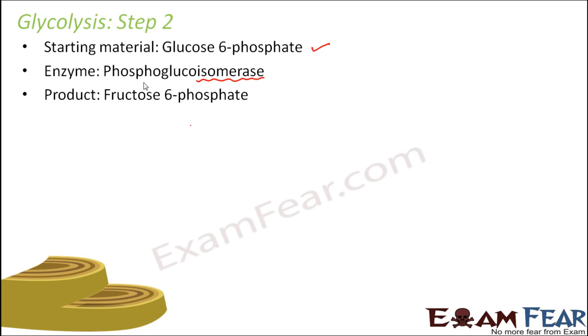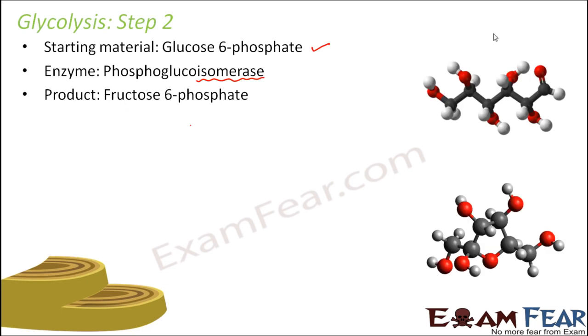Now if you compare the structure of glucose and fructose, this is glucose and this is fructose. If you look at both of them, both have 1, 2, 3, 4, 5, 6 carbon atoms. So here also it has 1, 2, 3, 4, 5, 6. Again, the number of hydrogen atoms as well as oxygen atoms are also the same in both of them.